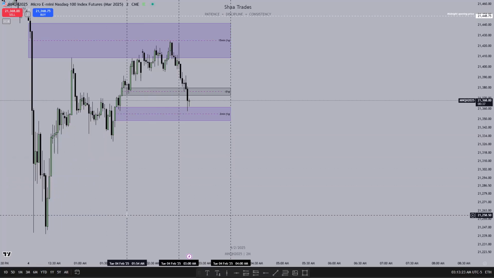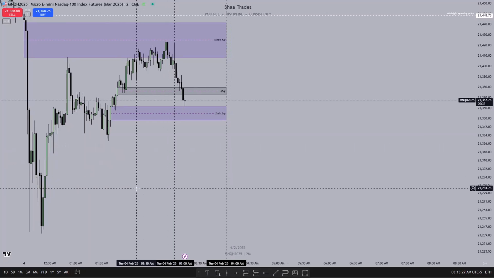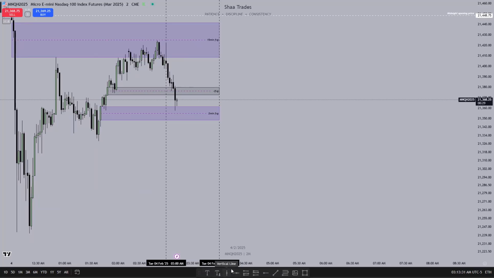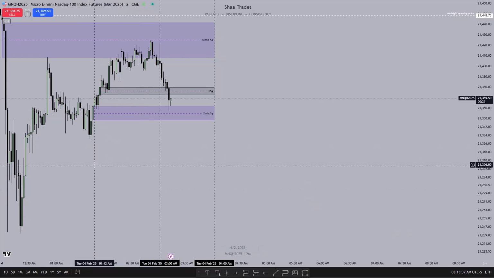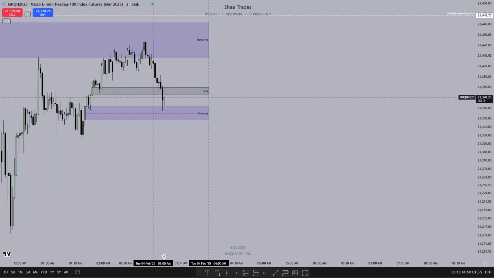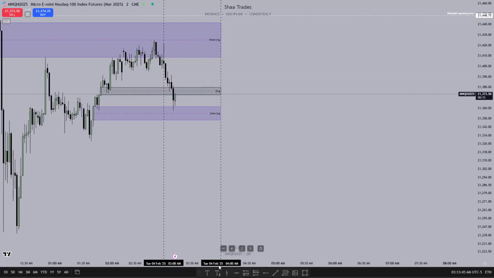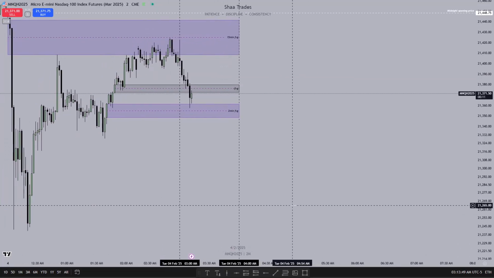See one here. We got sell side down here as a draw on liquidity, so we could enter with one contract and target these lows, these inefficiencies here. We just reduce our leverage there.